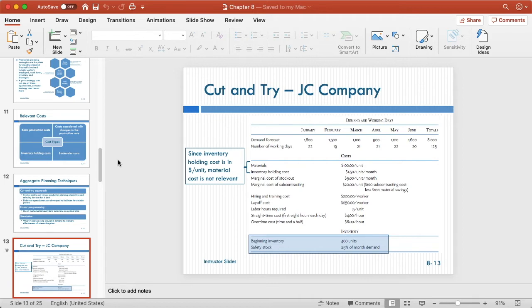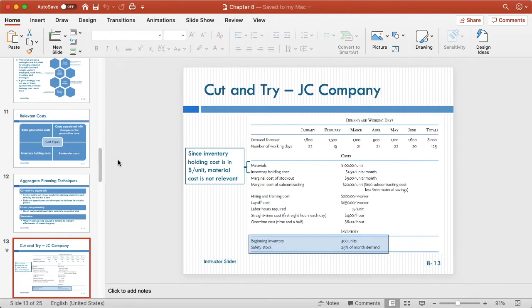This cost only happens when you are using which strategy? We have 4 strategies, right? It only happens when you are using the chase strategy: the hiring and training cost, and also the layoff cost. Each time you need more employees, you incur hiring cost.